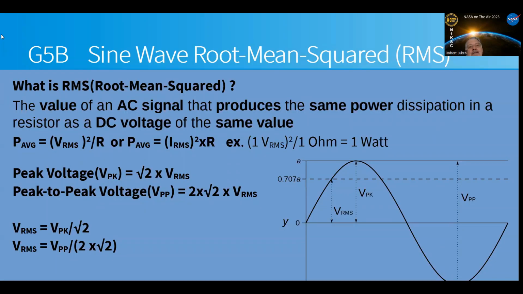Okay. Sine wave, root mean squares. This only really applies to sine waves. If you have a triangle waveform or a square waveform or some really odd waveform, the numbers don't work the same. And you don't have to do the other ones on the exam.